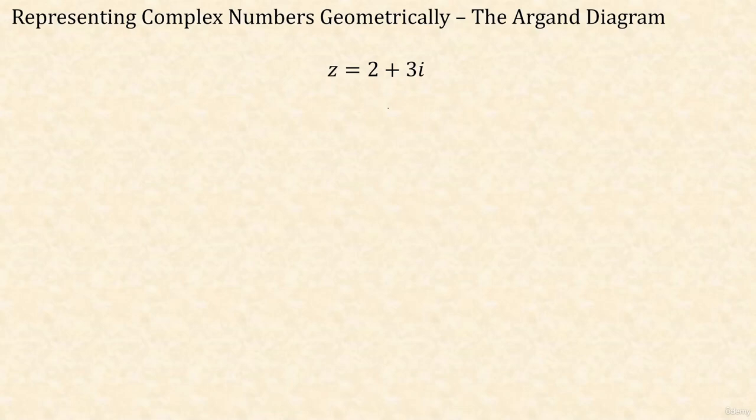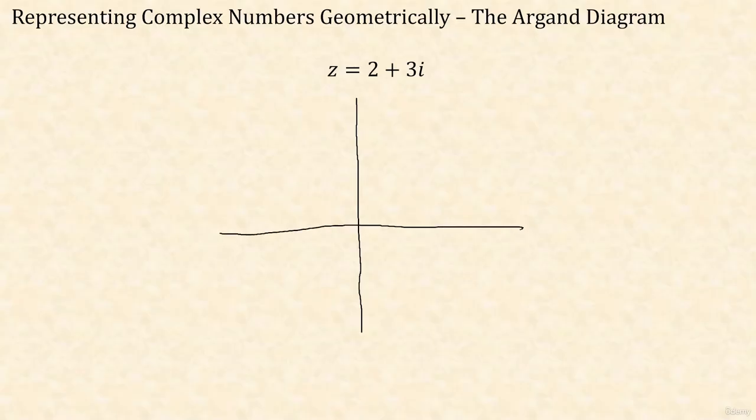So suppose we had this complex number, 2 plus 3i. Well, a geometric way of representing this is on something called the Argand diagram, which is a two-dimensional plane, very similar to coordinate axes, on which what is usually our x-axis is now our real axis, and what was our y-axis is now our imaginary axis.